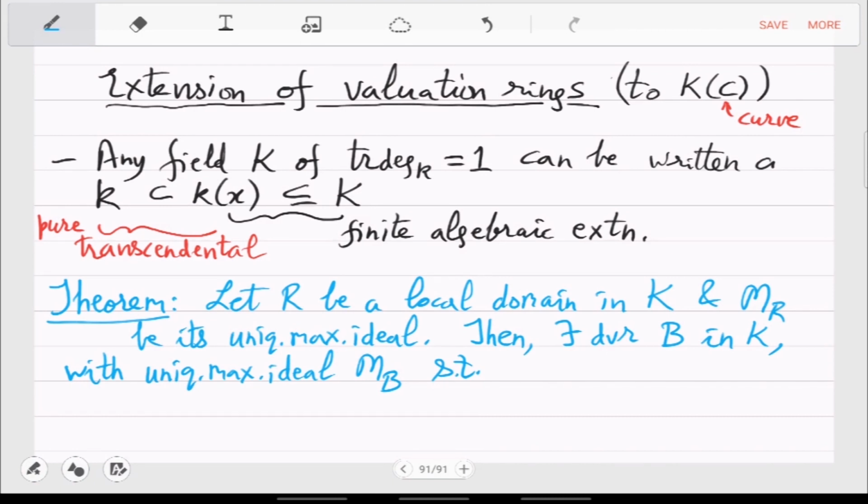So I want to extend R, right? So I should write R contained in B, such that two things will happen. R is contained in B and MR is contained in MB.